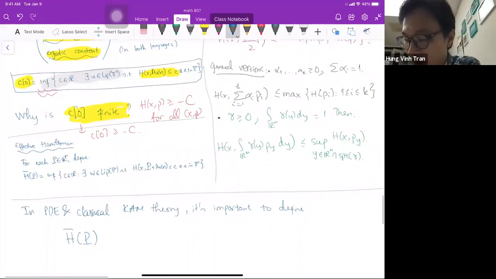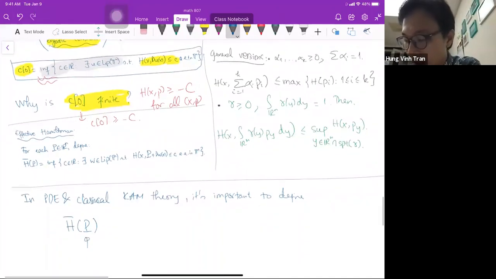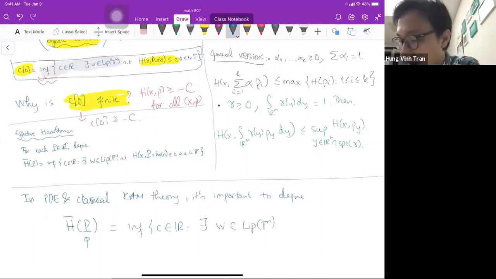So you fix a vector p, and then you would consider the infimum of all c in R, so that there is a Lipschitz function w in Lipschitz of Tn, so that you have H of x, p plus Dw(x) is less than or equal to c almost everywhere in the Tn.